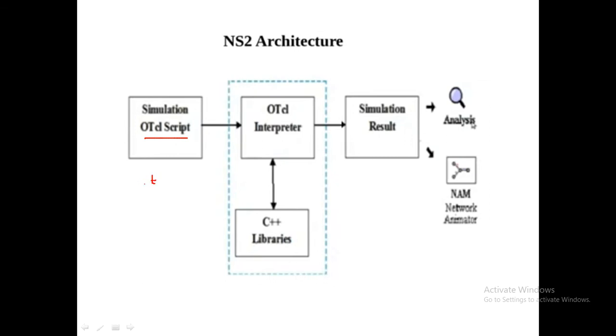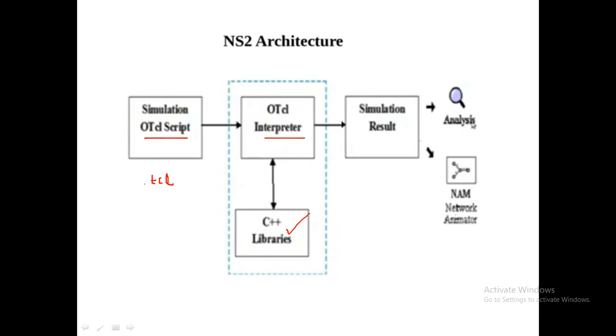Any TCL script you write will have the extension .tcl. Now we have an interpreter in between, the object oriented TCL interpreter, which uses C++ library files. This interpreter will take your TCL and generate the simulation results.